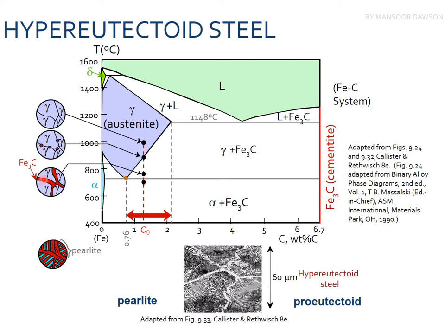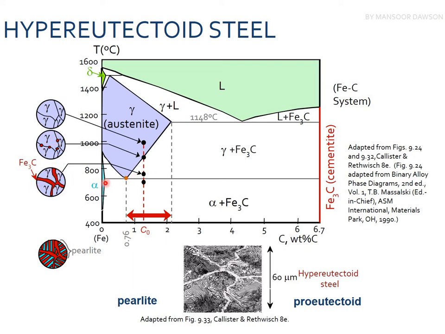You can see this is the proeutectoid phase growing at this stage. This is the austenitic phase, and while cooling to this region you get austenite plus cementite. We get the proeutectoid cementite, which has started nucleating, and these nuclei grow on cooling.